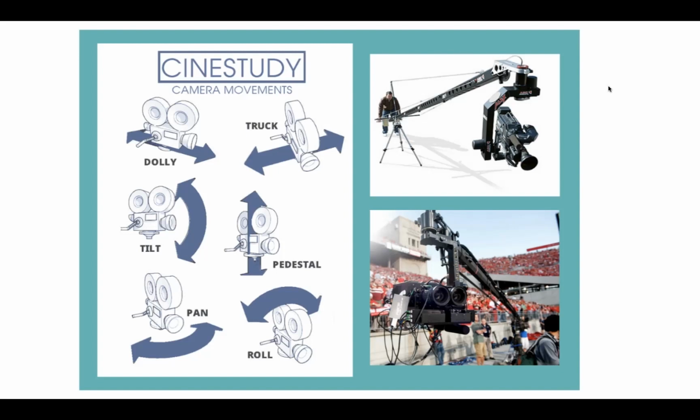This is also what a crane or a jib looks like. It's what we get football views from, or you get those aerial views of cinema. We also have drone shots, which is a whole other element that goes into filmmaking.